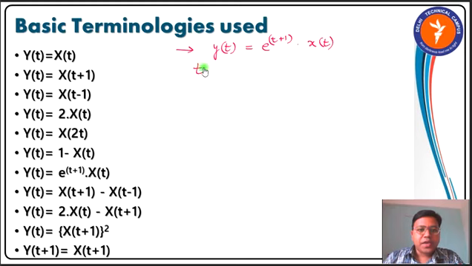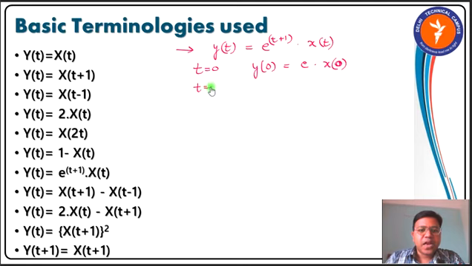Now at t equal to 0, the equation will be y(0) equal to e raised to power 1, that is e times x(0). I have substituted t equal to 0. Now this equation says that output at t equal to 0 is dependent on input at t equal to 0. So this t is not coming into any effect here.